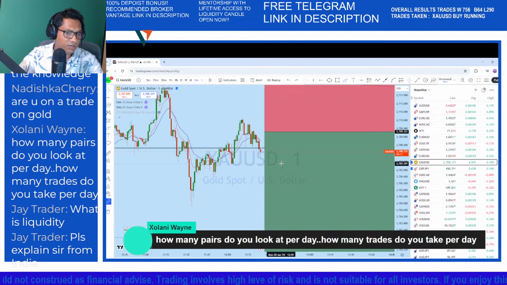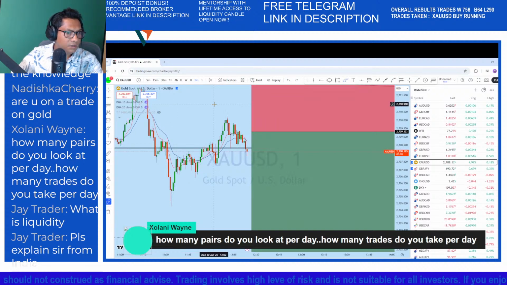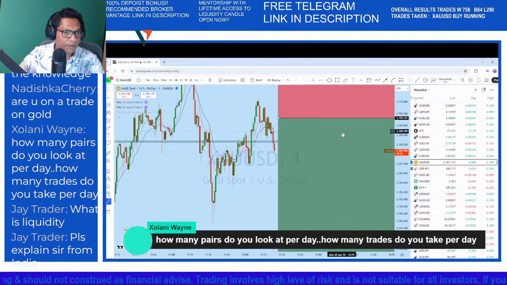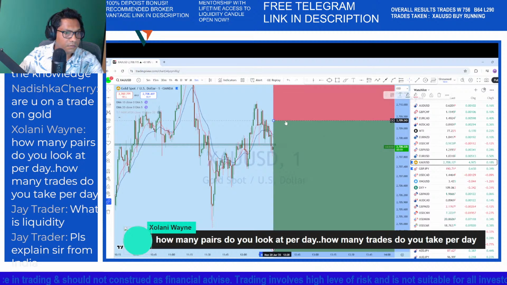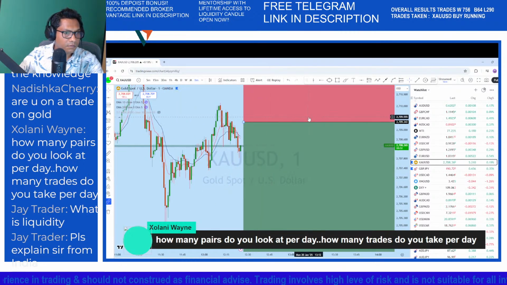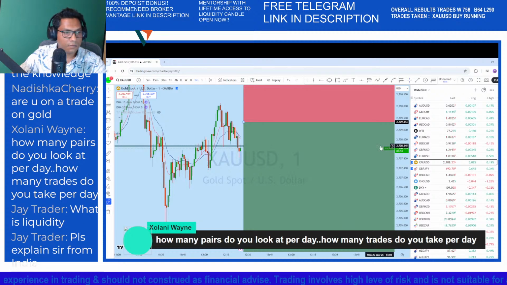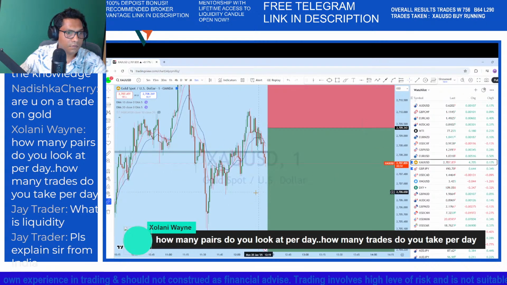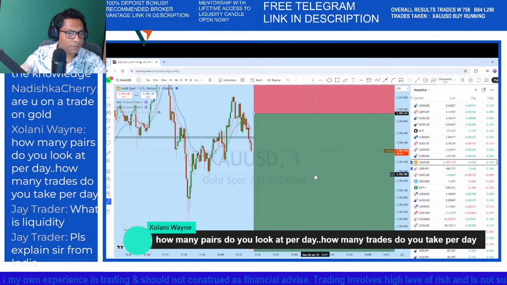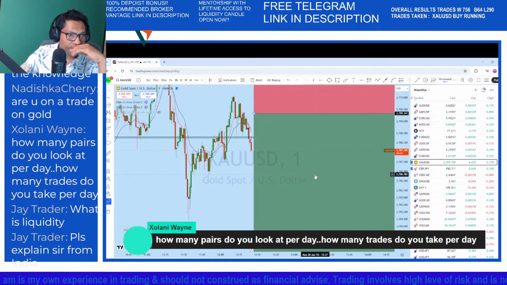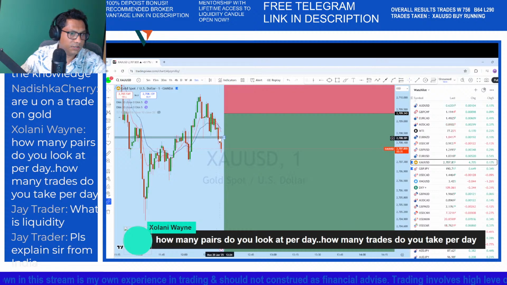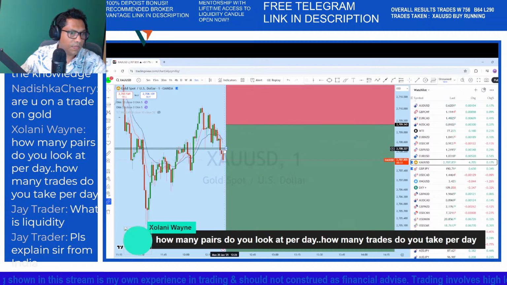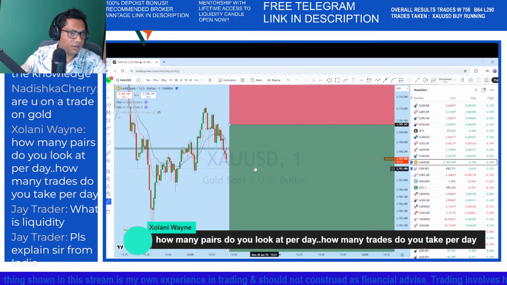Every 1 minute chart candlestick pattern is bearish, and okay, we can see here 1 minute price action in that area.